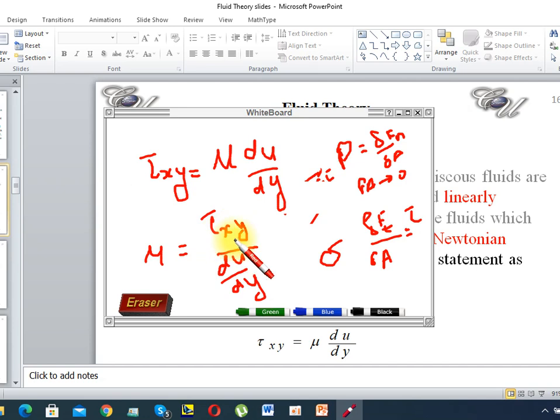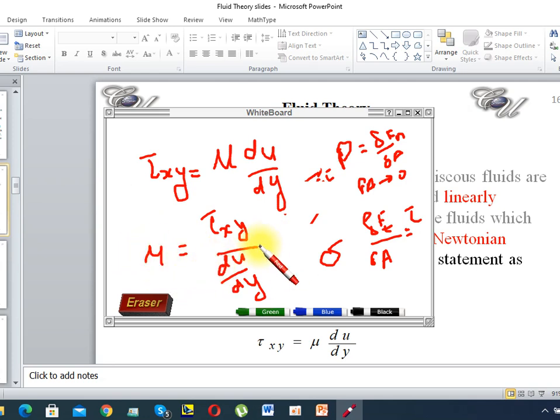Or you can say that when we apply stresses, the relation of stresses with strain or shear strain or shear rate is this expression, this constant of proportionality, which we call dynamic viscosity.